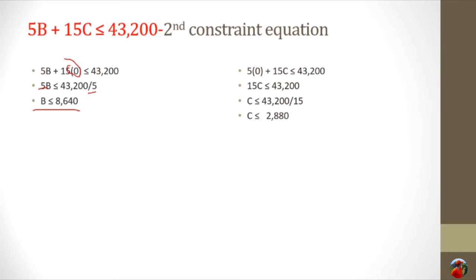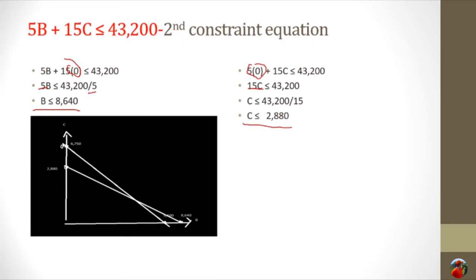Now let's replace b with 0 and calculate the value of c. Then c is equal to 43,200 divided by 15, so c is equal to 2,880. And let's make another line. So this is our second line here.